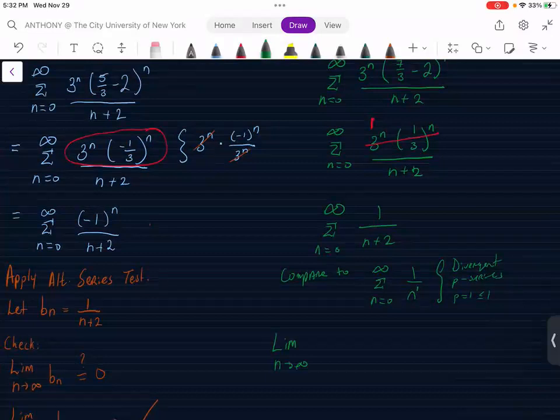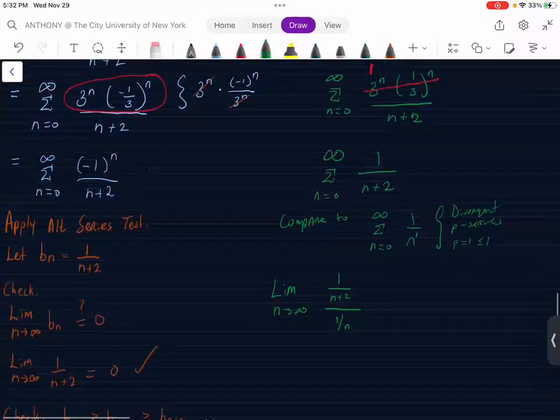You can't use the divergence test for this one, Preston, because if you compute it, you get 0, which is no good. You want to get something that's non-zero. We'd have 1 over n plus 2, all divided by 1 over n.